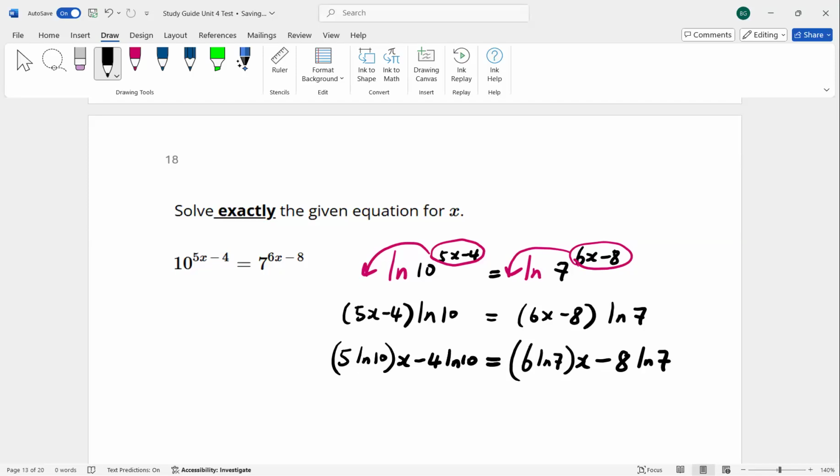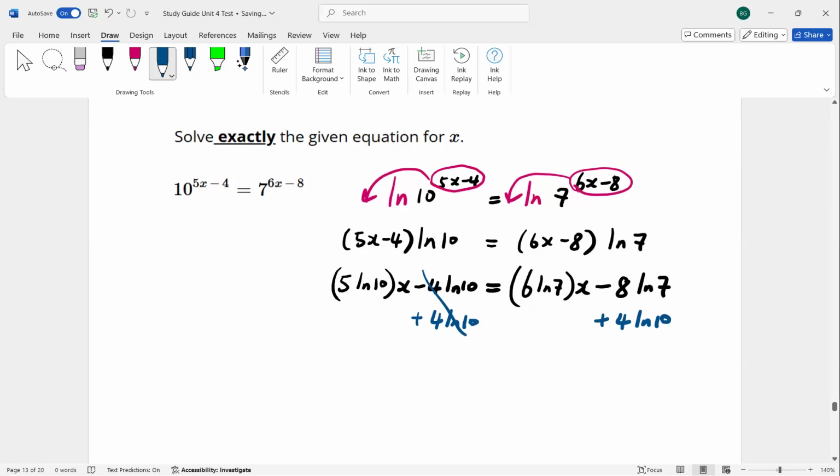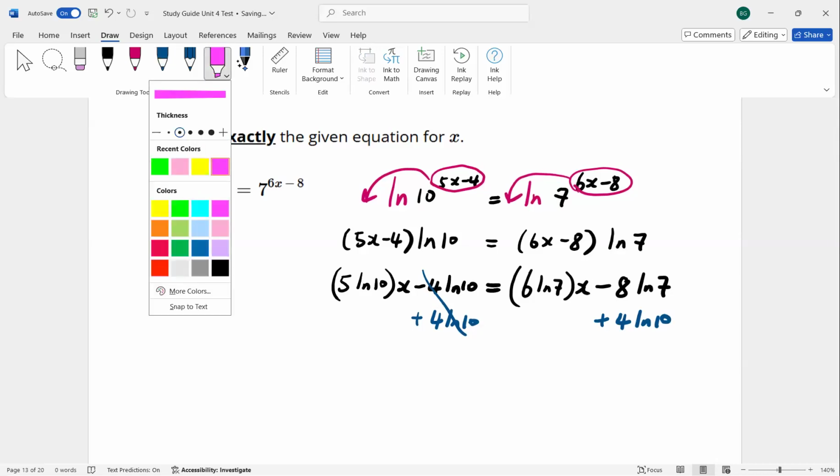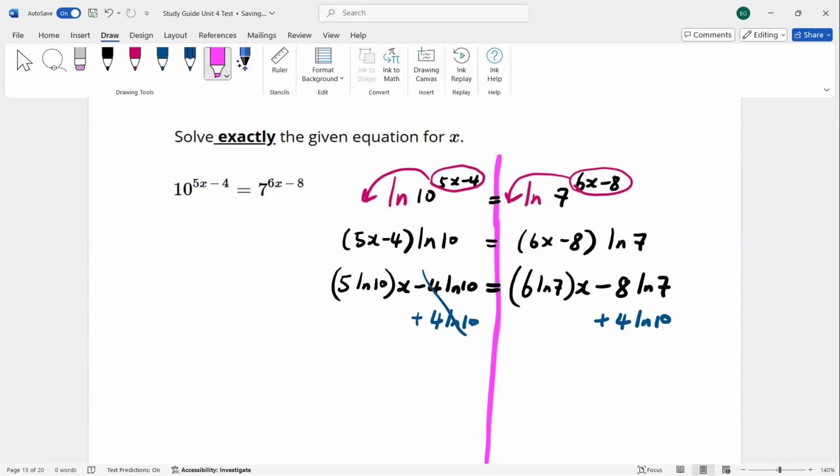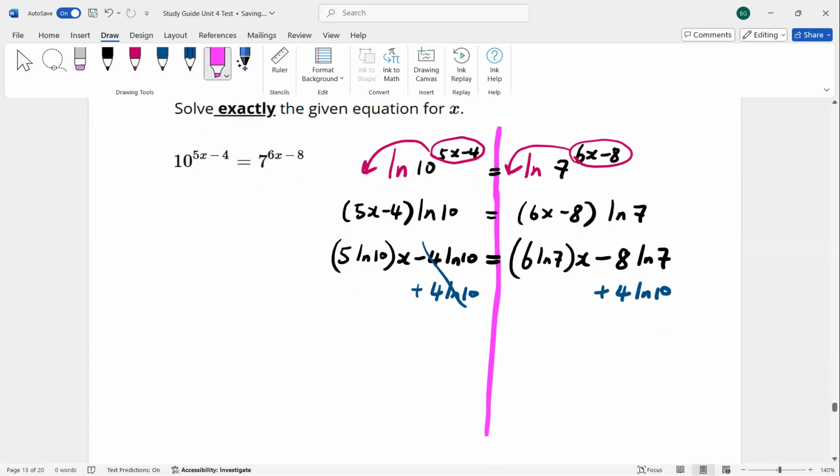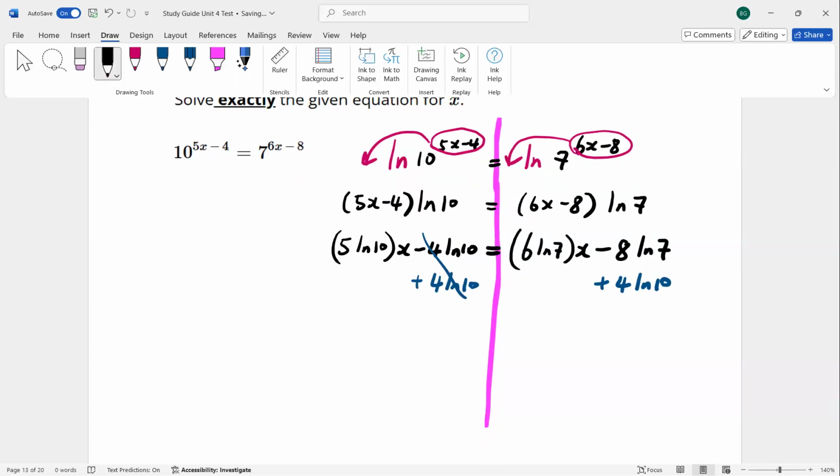Okay, so I'm going to collect like terms now. I'm going to add 4 ln 10 to each side. Then those cancel, right? On the left side, now I have 5 ln 10 x.